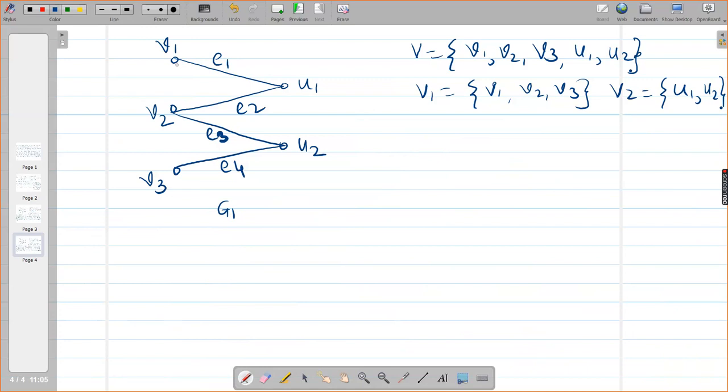Tell me which vertices are not adjacent in V1 and V2. I mean, the vertices of V1 will not be adjacent to each other, and those of V2 will not be adjacent to each other. But from V1 to V2, which vertices are not adjacent? You have an edge V1, U1, right? Look, you have it, right?